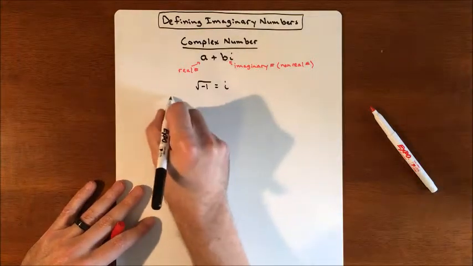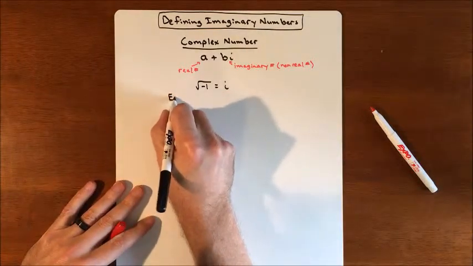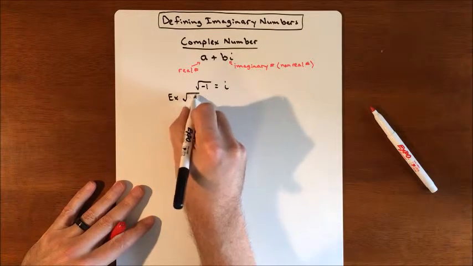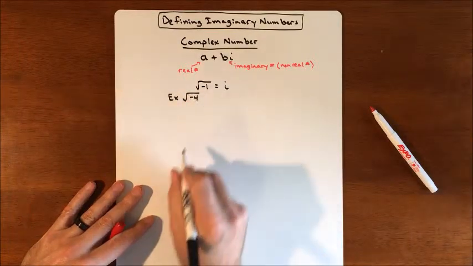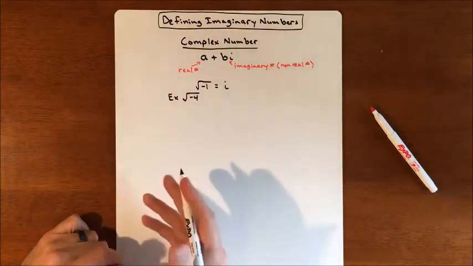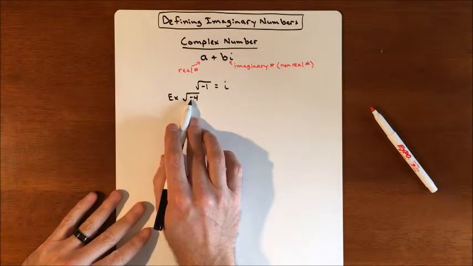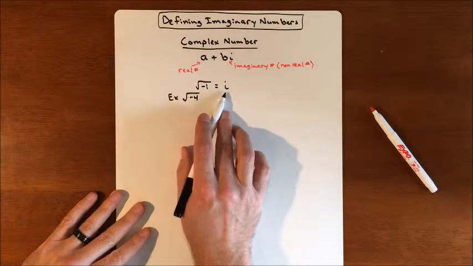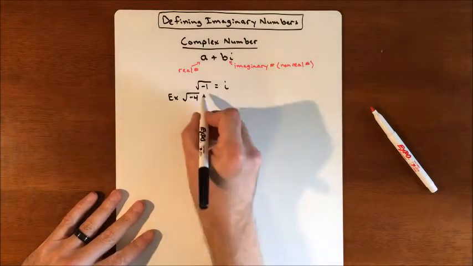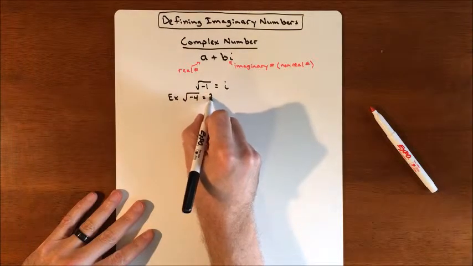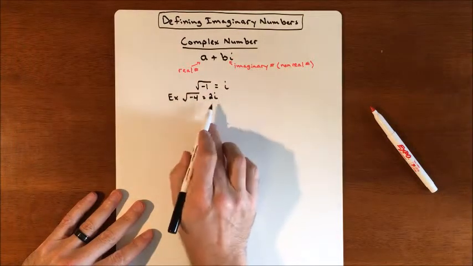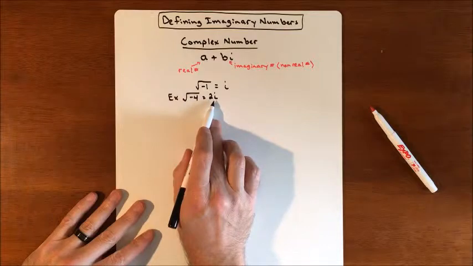So, for example, if you see the square root of negative 4, we can't square root the negative, so the best that we can do is symbolize the square root of a negative with an i. We can square root 4, which is 2, and then we attach an i to it representing that we're square rooting a negative.